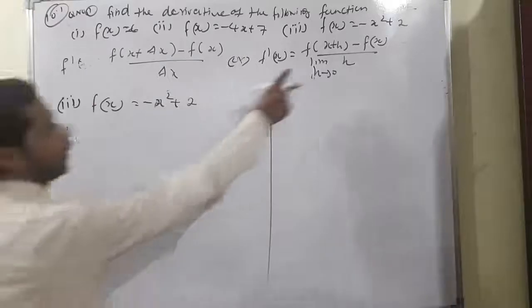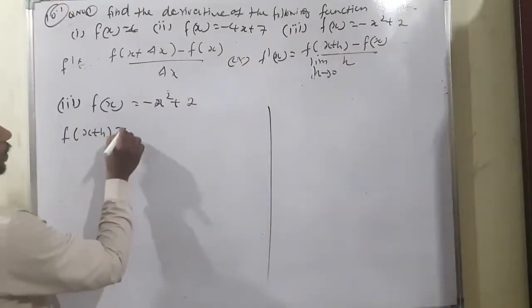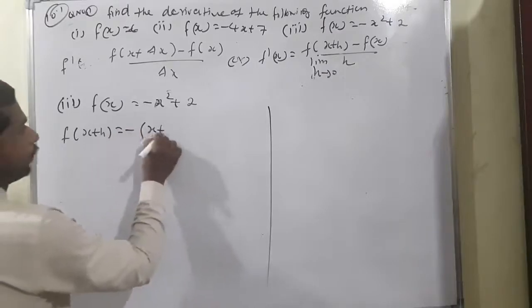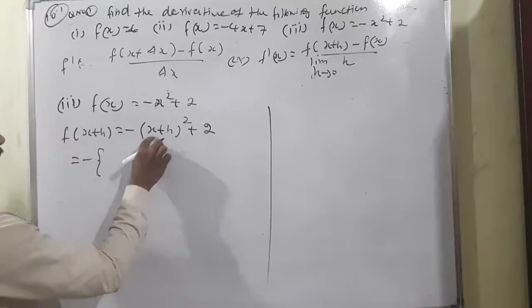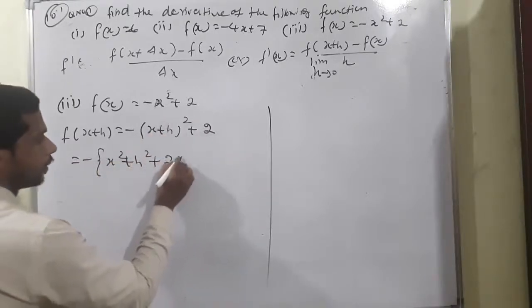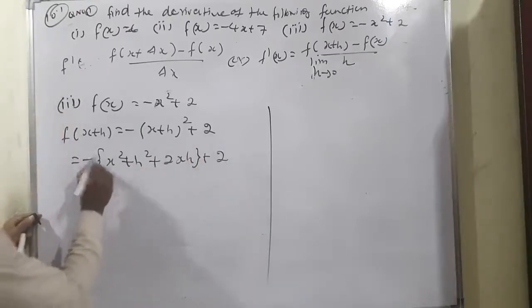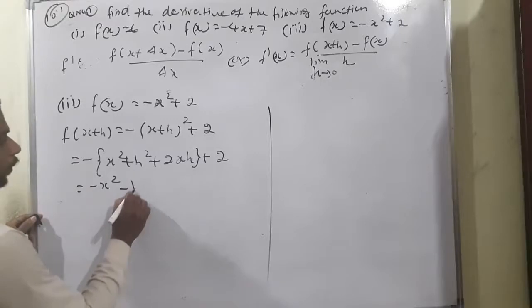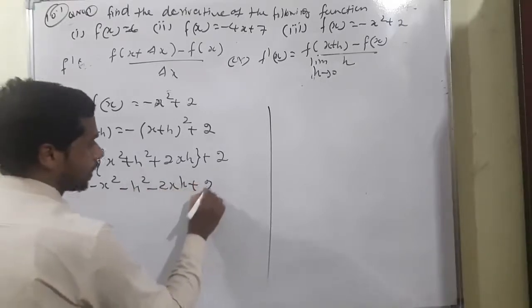First we find f of x plus h. So minus of x plus h the whole square, plus 2. Minus common; a plus b the whole square is x square plus h square plus 2xh. Outside, constant 2 is there. If you remove the bracket, minus x square minus h square minus 2xh plus 2.